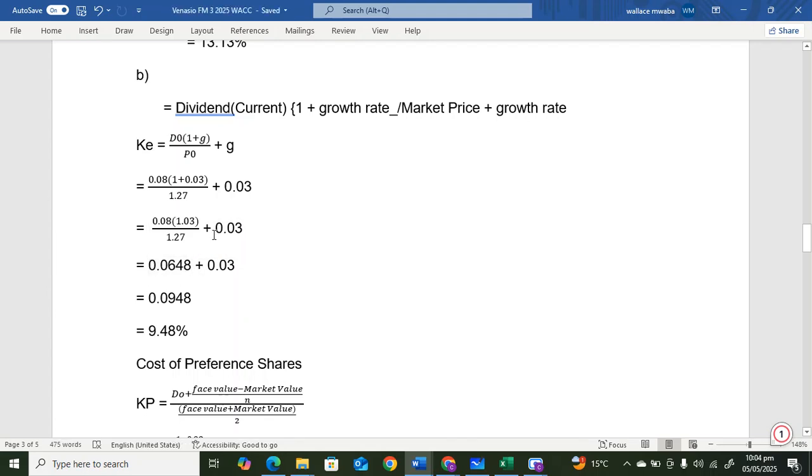And finally, you add this 0.03, you get 0.0948. When you convert it into a percentage, it's 9.48%. That's the cost of equity using the dividend valuation model. Any questions?